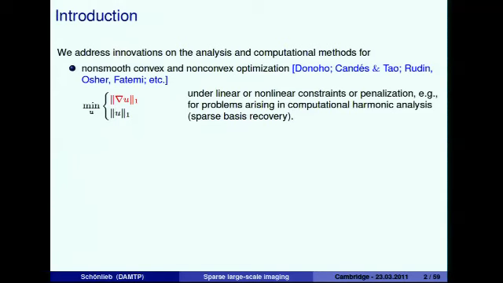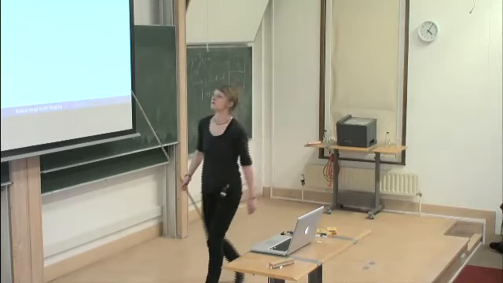In other words, when we talk about compressed sensing in this language, I want to find an image U whose gradient is sparse. And I want to find this image U under some linear or nonlinear constraints. For example, a linear constraint would be that the L2 norm of G minus TU should also be small.